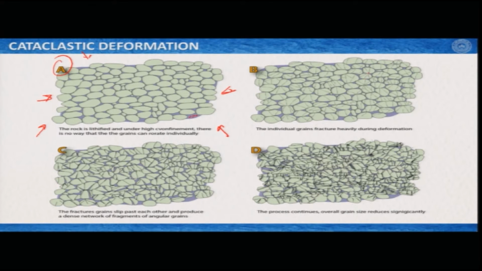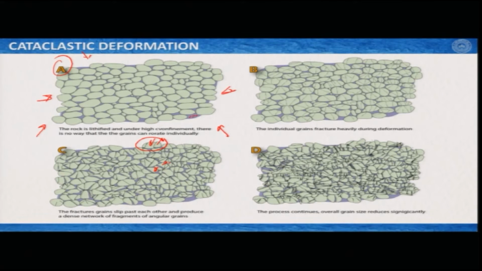So, therefore, they produce fractures within themselves, and then these fractures are easier to either open or slide. Here in this grain you can see that you have some sort of sliding going on, you have some sort of opening going on here and so on.